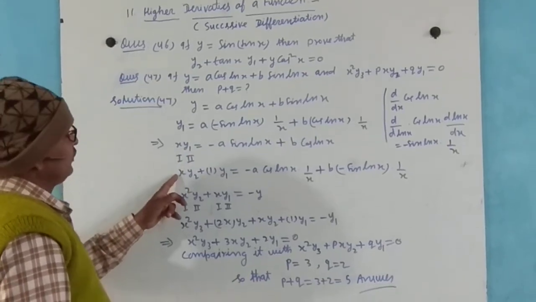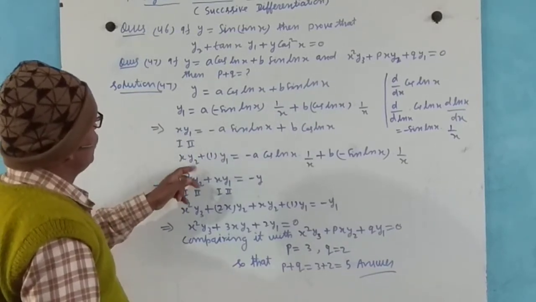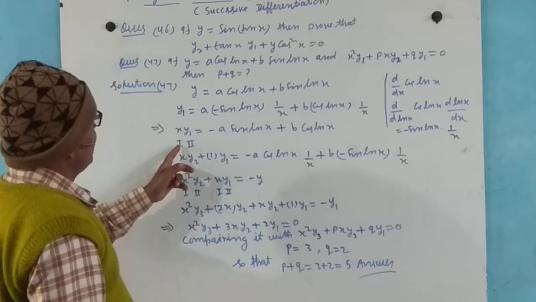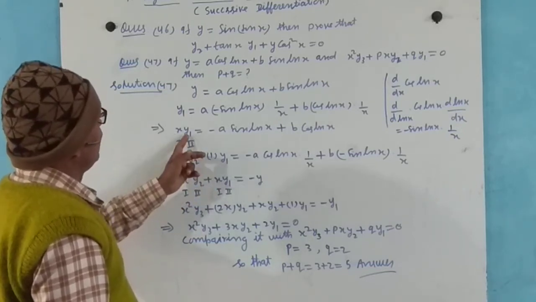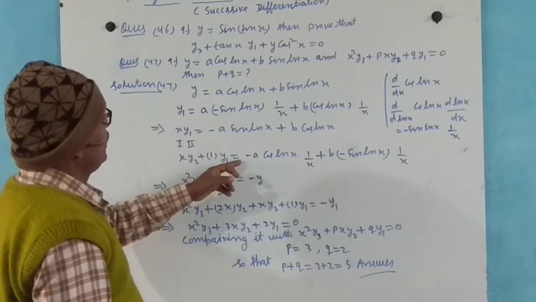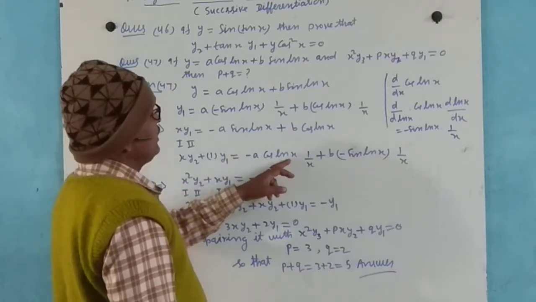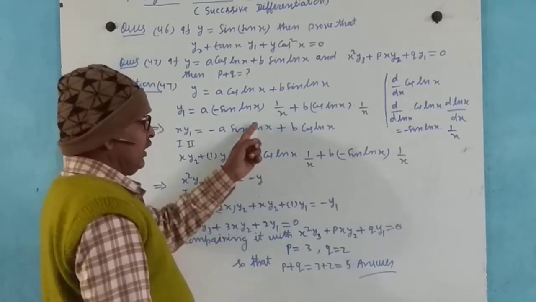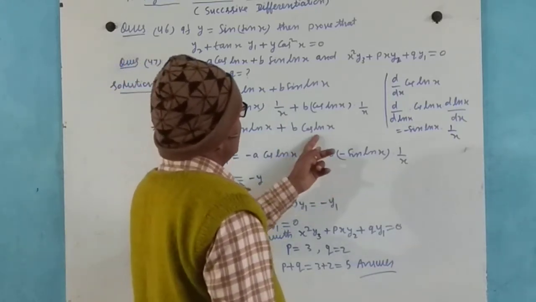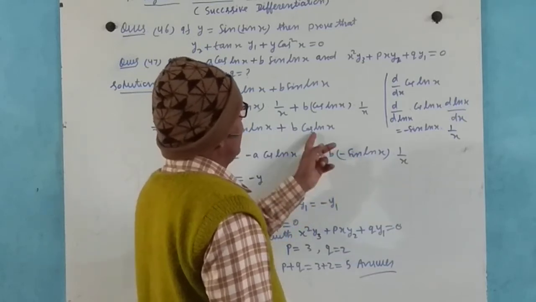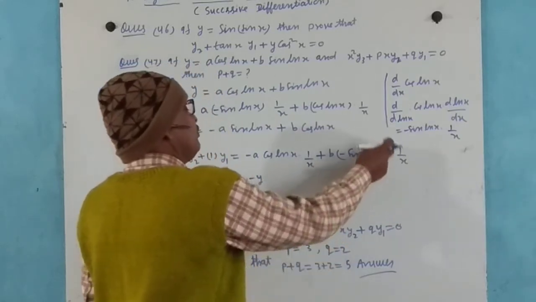The first term remains the same, and the differentiation of y1 is y2, plus the differentiation of the first term x is 1, and the second term remains the same. Differentiating the right side gives minus a cos ln x into 1 by x, and minus b sin ln x into 1 by x.